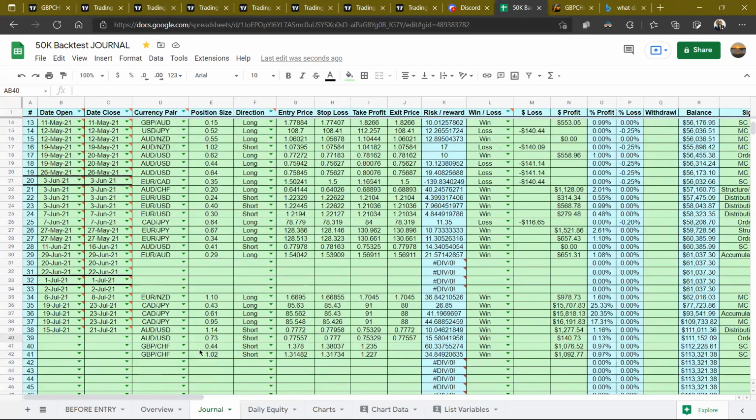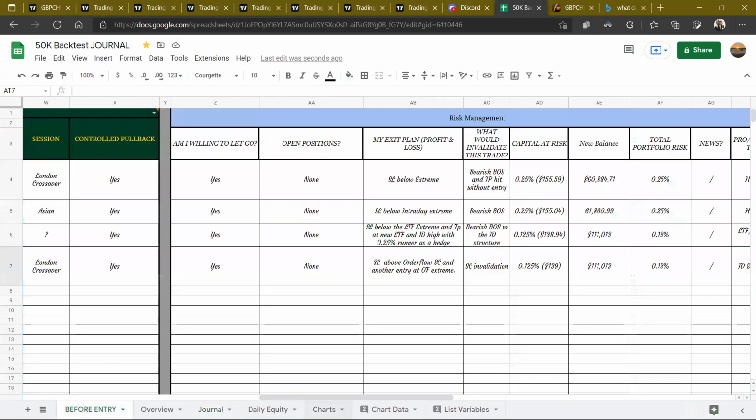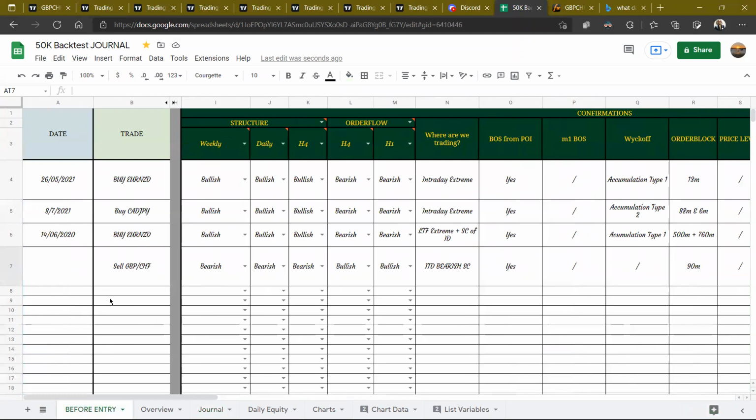So we've got two trades running. Let's do this one as well. So this is the same thing for your bearish flow. What are we trading? Lower time frame. Where's the structure?